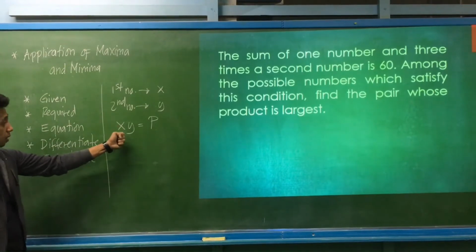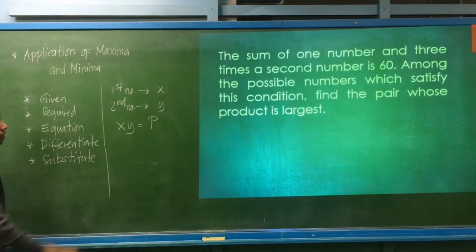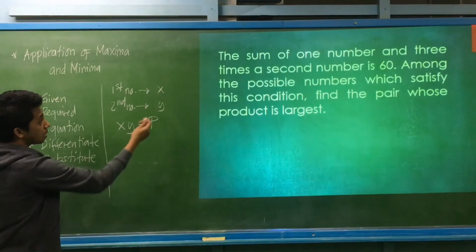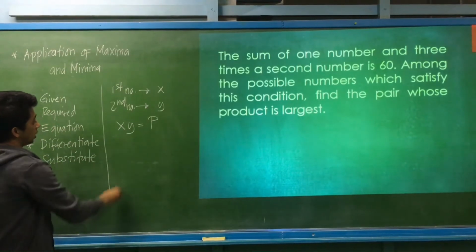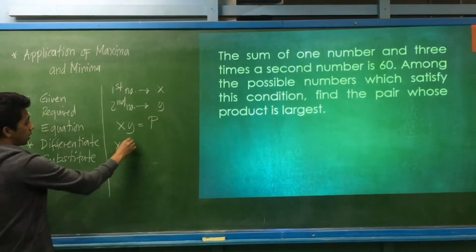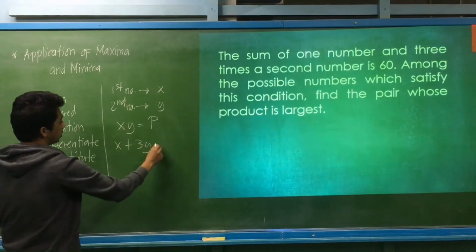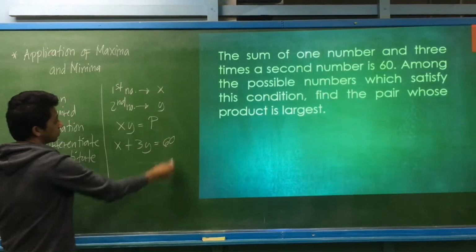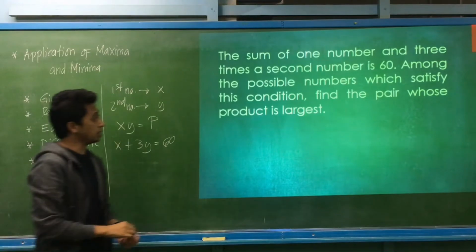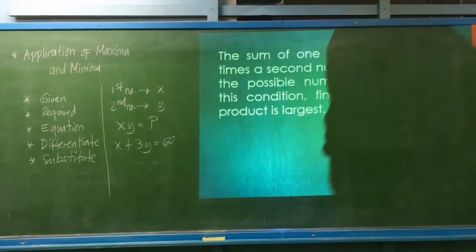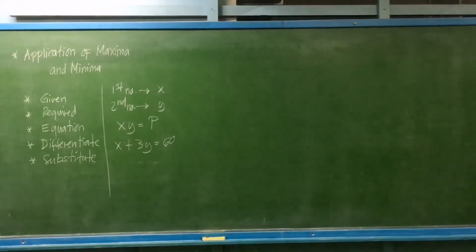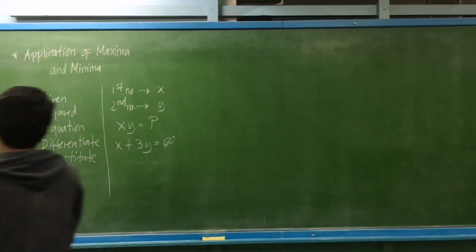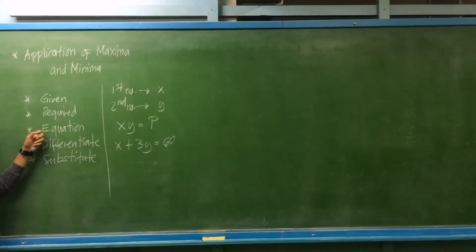This is already one equation. The other equation is the sum of the first number and 3 times the second number is equal to 60. So we are now able to set up our equations.